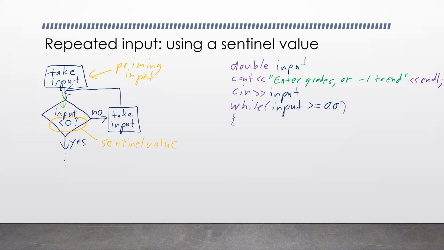then we do something to use the current input, and then we cin the next input.